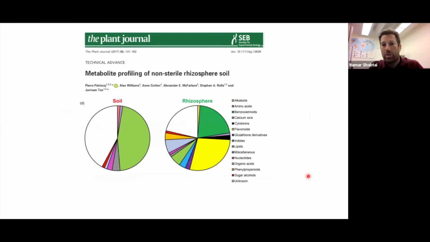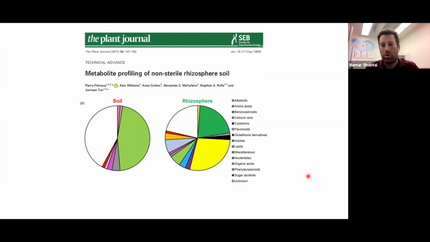Another thing is composition. This is metabolite profiling of a rhizosphere soil and a bulk soil in a maize field. You see that because of exudation and other root processes, the composition of the soil solution is vastly different in the rhizosphere soil versus the bulk soil.